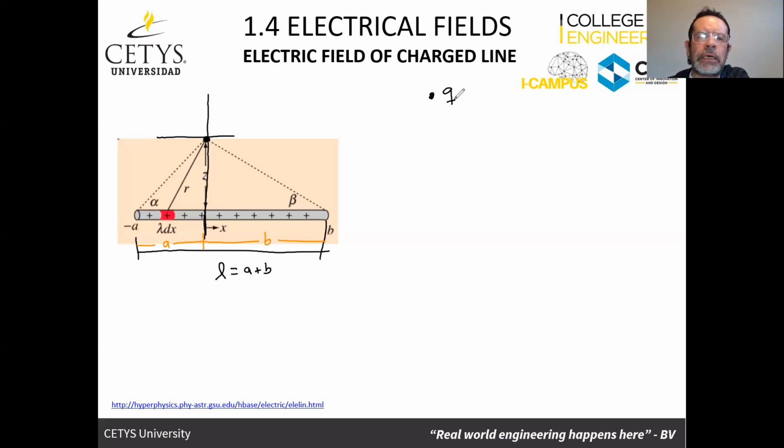Here, there's going to be an important difference: the line is going to have a total charge Q, but that charge is going to be uniformly distributed along the line.